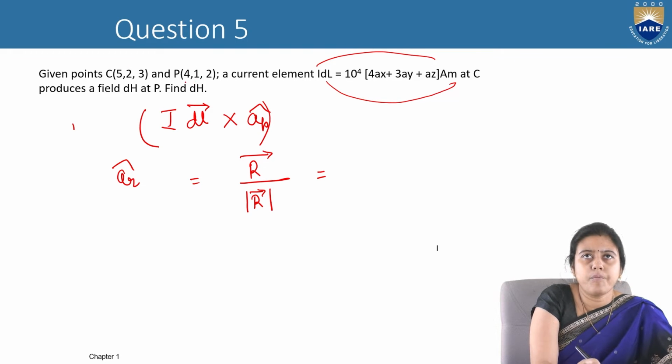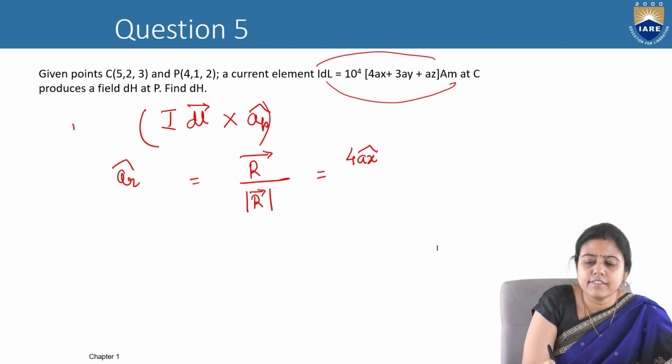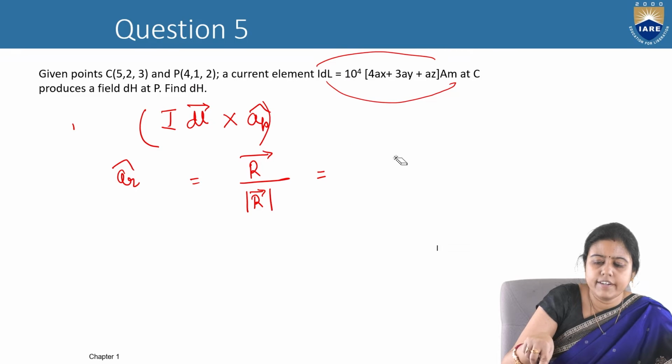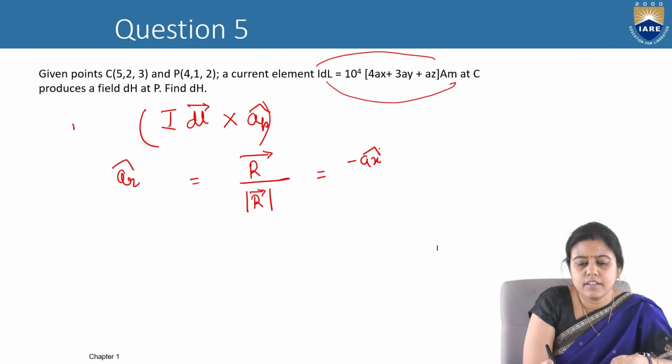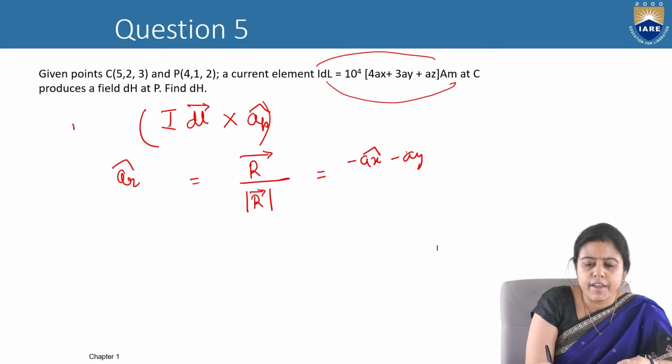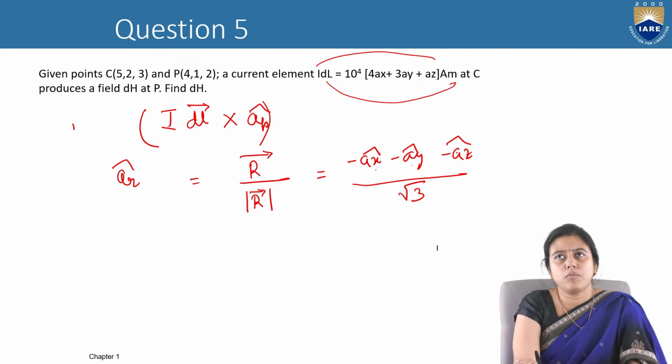P is the end point and C is the starting point. So R is 4ax minus 5ax minus ay minus az, divided by the root of 1 square plus 1 square plus 1 square.